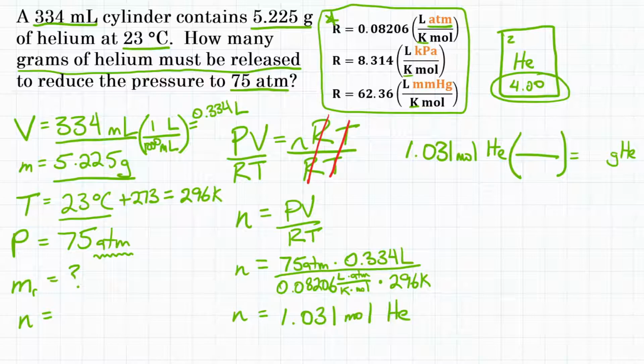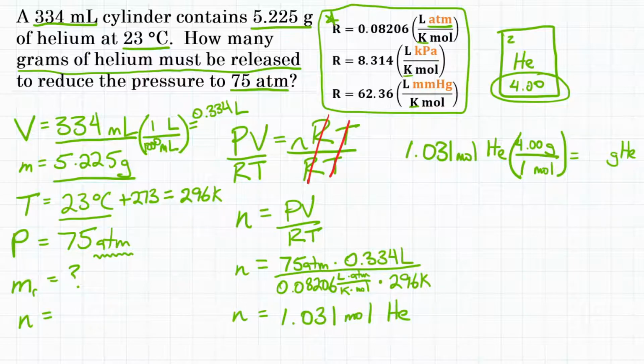So that's what we will use in our conversion factor, where moles is on the bottom and grams is on top. 1 mole of helium is equal to 4.00 grams. So we're going to take our 1.031 and multiply that by 4.00.